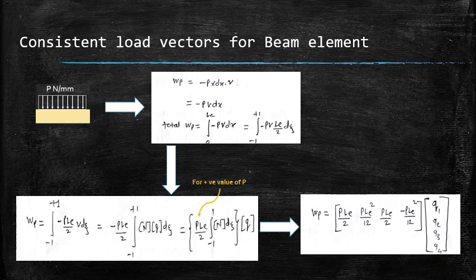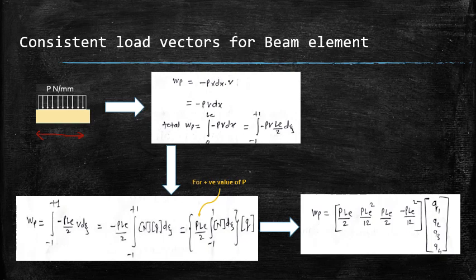If the intensity of the UDL is P, and the length of this small element is dx, then the total force acting on this small element will be P into dx. If we consider this length sufficiently small, then we can assume that the deflection of this length is v.